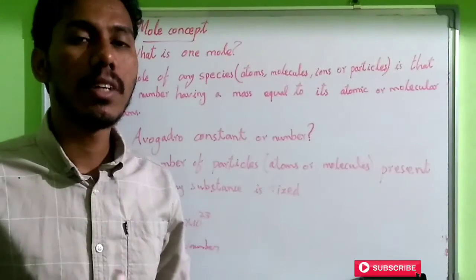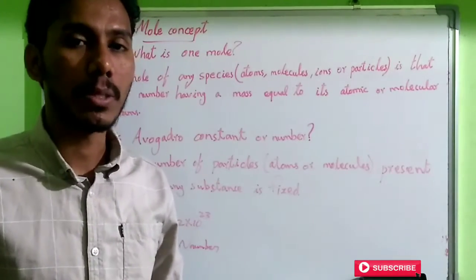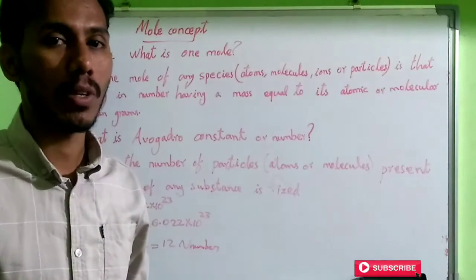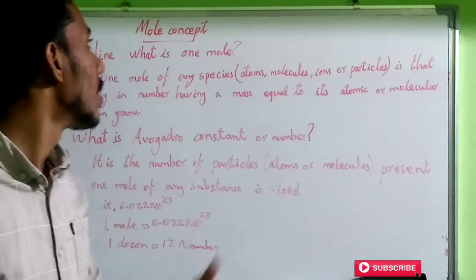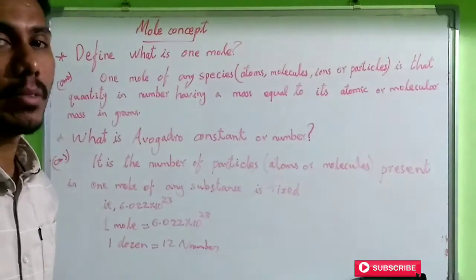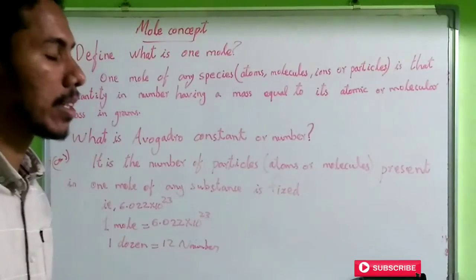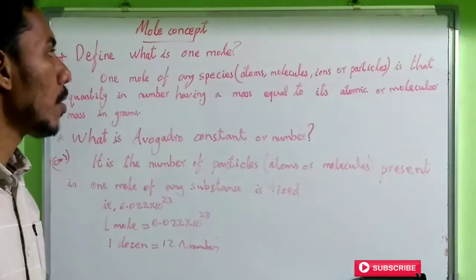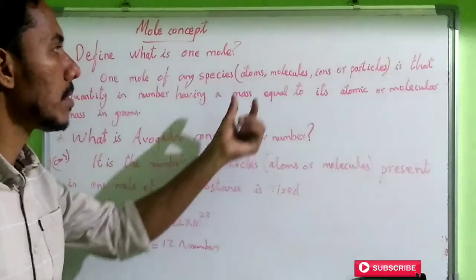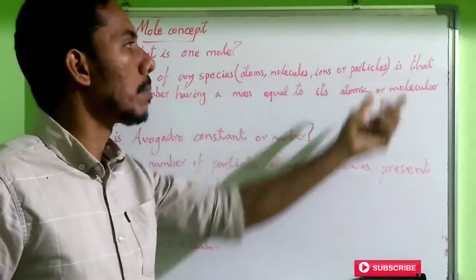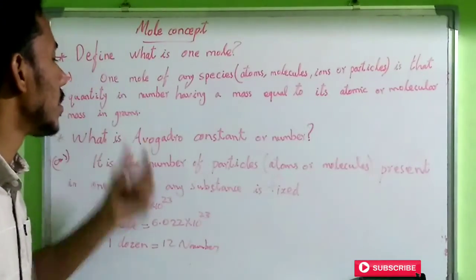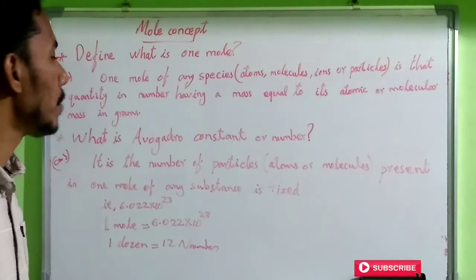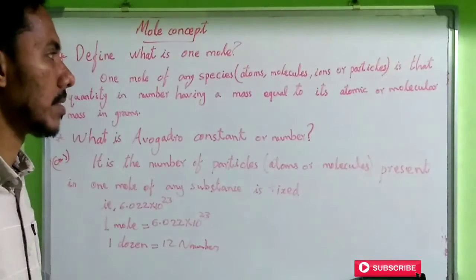Okay, then we are going to discuss a new concept. It's a mathematical problem. What is the mole concept? Define one mole. One mole of any species, any atoms, molecules, ions or particles, is that quantity in number having a mass equal to its atomic or molecular mass in grams.